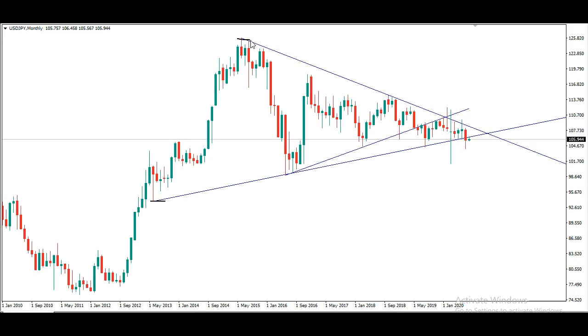Price came to this high, came down, found support at this low, and came back up into this high, found resistance at that point, came back, found support at this low, came back, found resistance at this point. We had support at this area, and what we can see now is a daily close below this area, which means I'll be expecting to see price drop further on this pair.